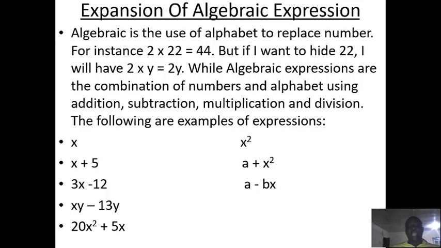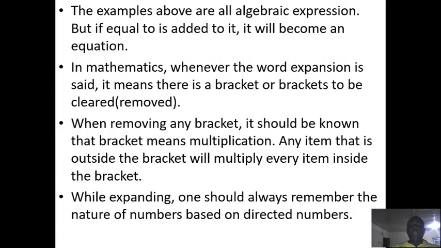X is an algebraic expression: x plus 5, 3x minus 12, xy minus 13y, 20x squared plus 5x, x squared, a plus x squared, a minus bx. They are all algebraic expressions. But when you add equal to any of these expressions, it will become an equation.